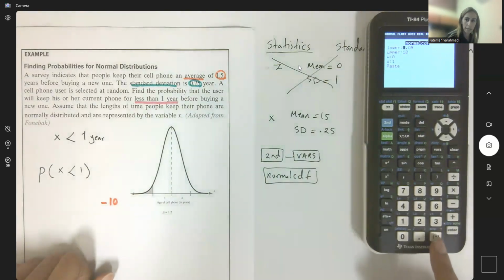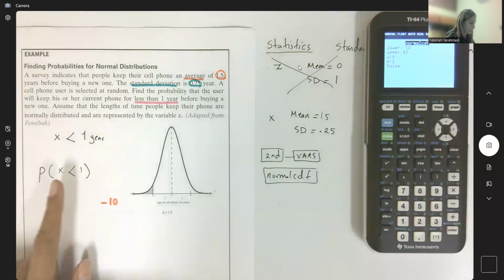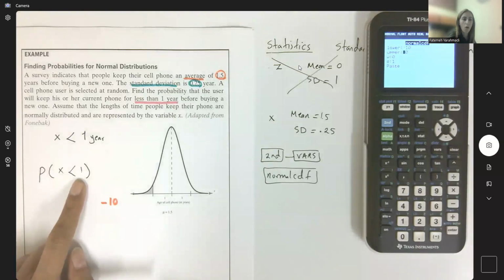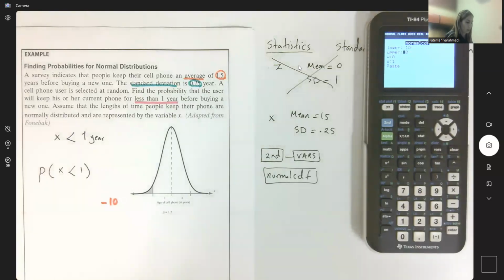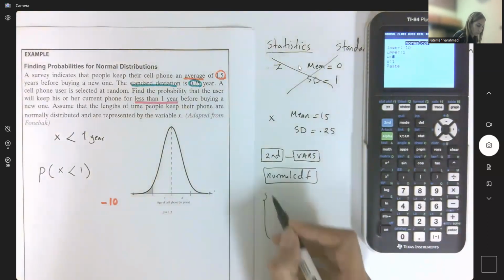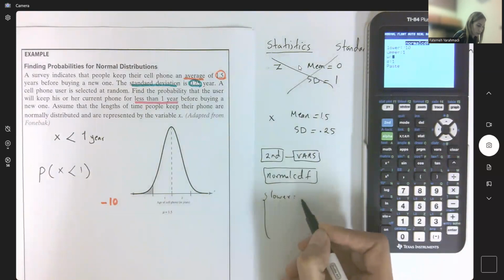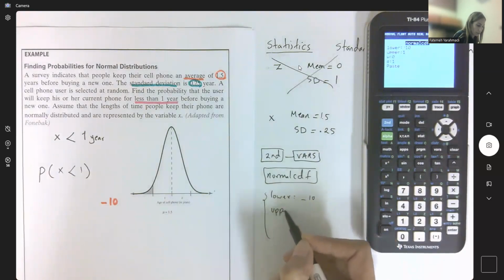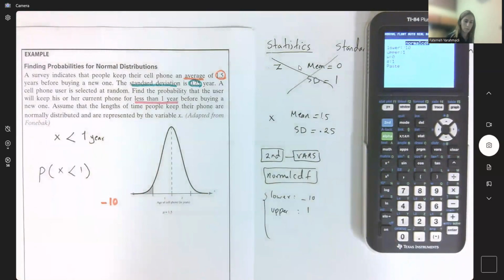Again, for the negative sign, you're going to use negative here, not subtraction, everyone. What is the upper bound? It says it stops at 1, all right? So my upper bound is going to be 1. The lower bound is -10, and the upper bound is 1, right?